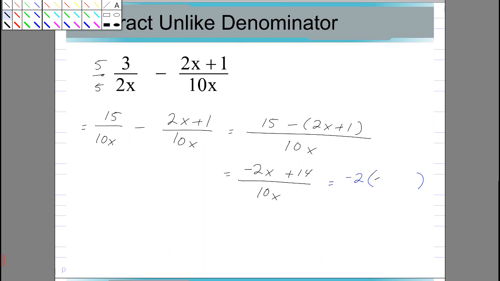That leaves me with an x minus 7 and my 10x. Now, the numbers cancel there. That leaves me with a 5, and that leaves me with a negative 1. So I get negative 1 times x minus 7, divided by 5x.